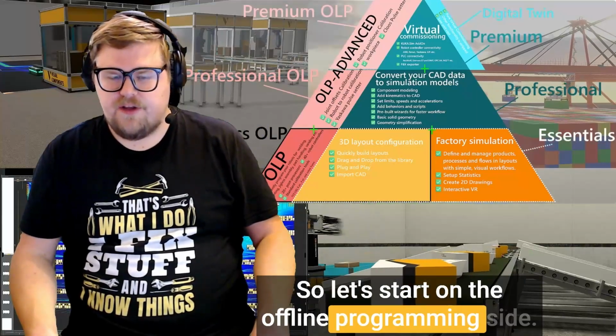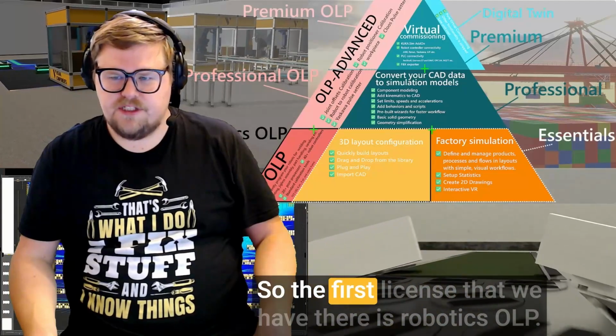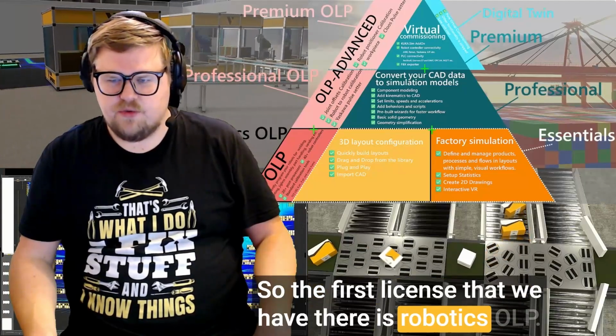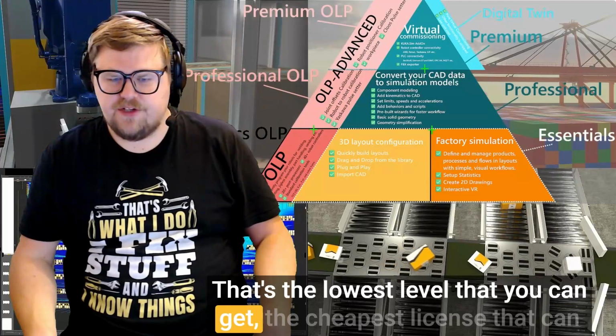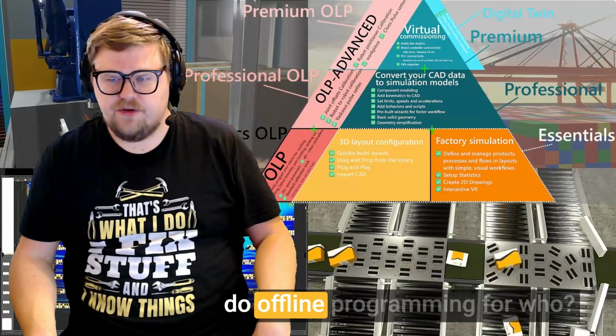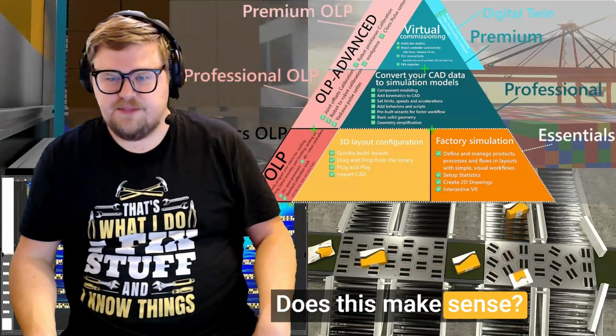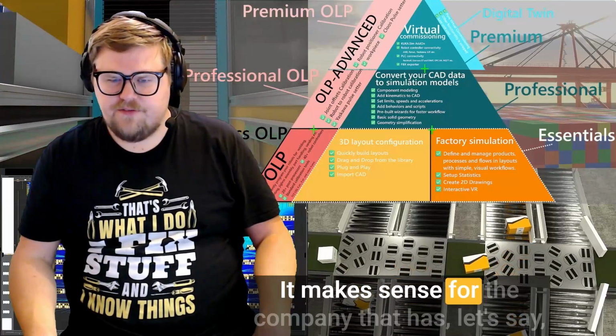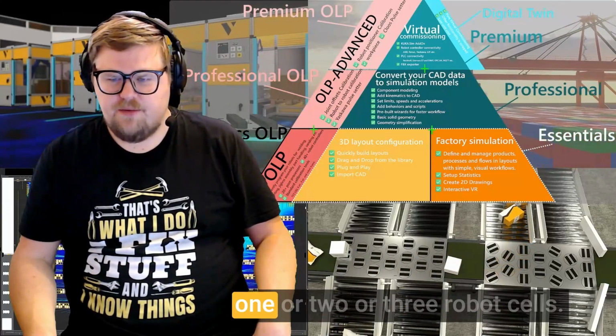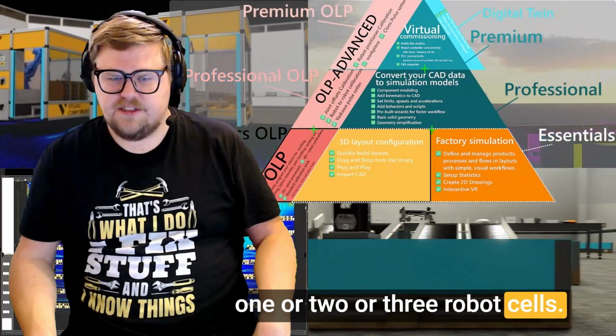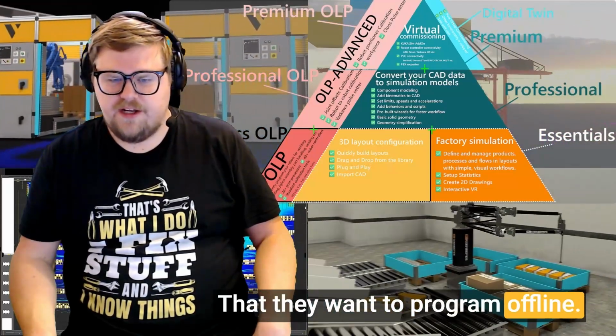So let's start on the offline programming side. The first license that we have there is Robotics OLP. That's the lowest level that you can get, the cheapest license that can do offline programming. For who does this make sense? It makes sense for the company that has, let's say, 1 or 2 or 3 robot cells that they want to program offline.